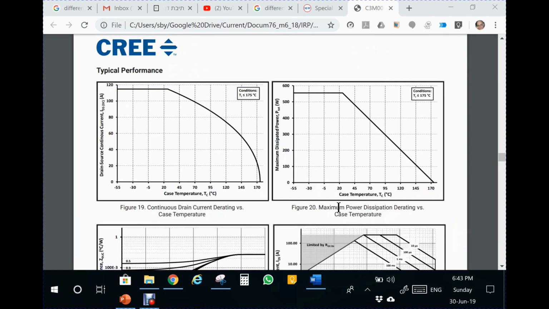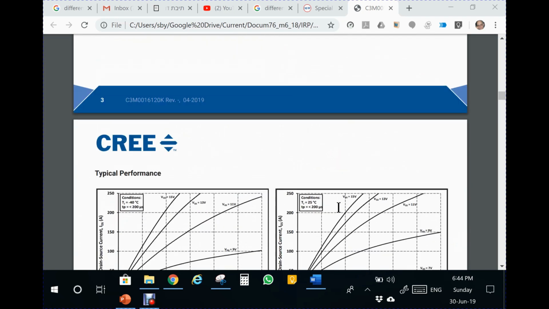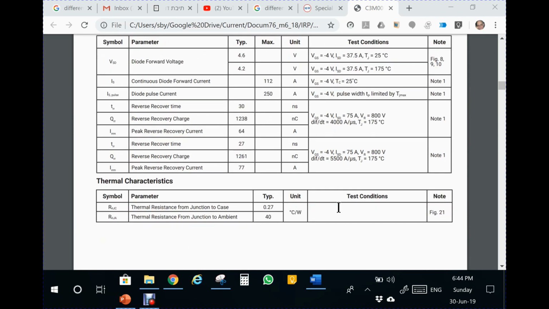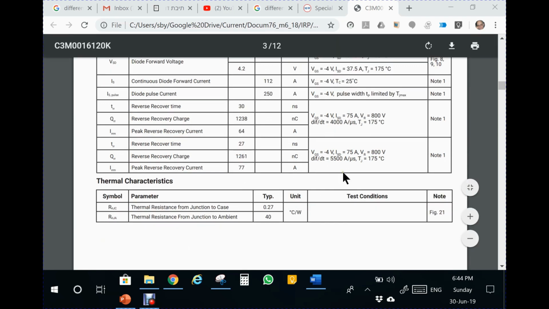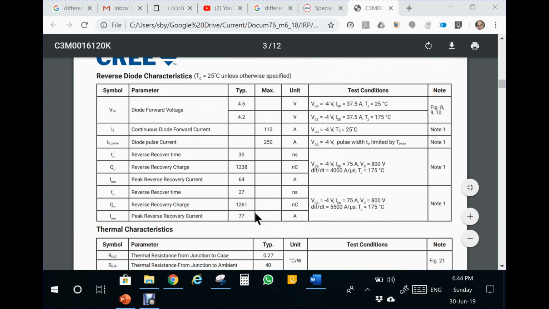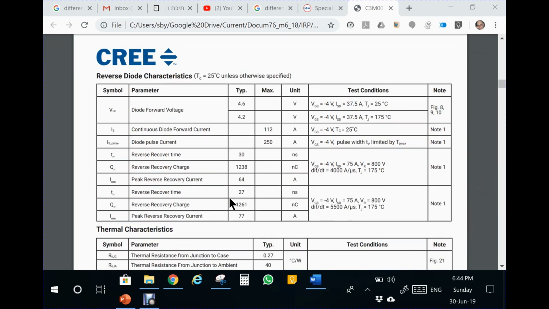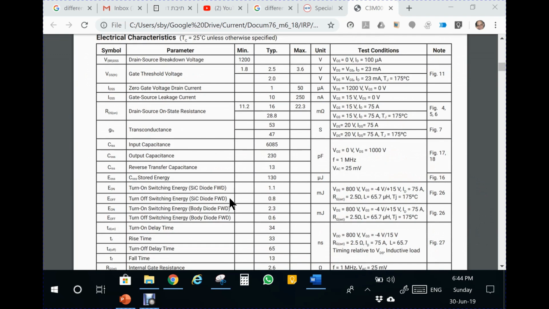Okay, so we have seen that these are the crucial parameters here, and another important parameter will be the input charge that you have to feed into the device. And let's see if we can find the information here.